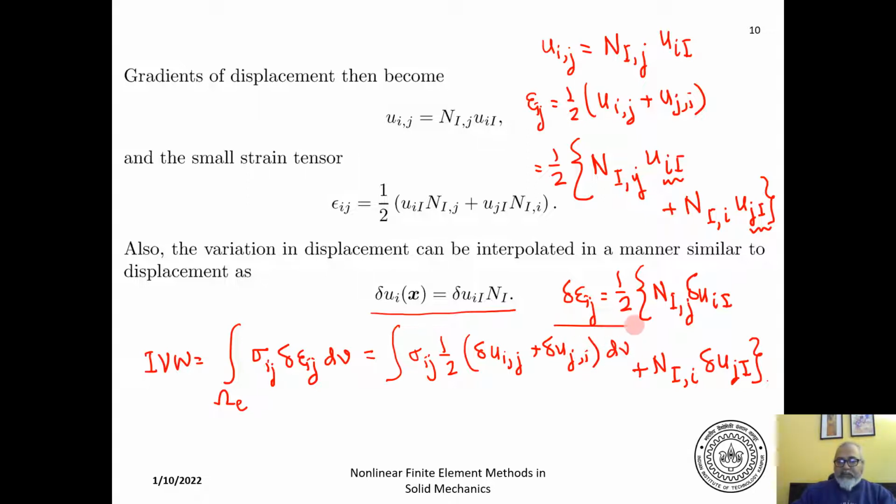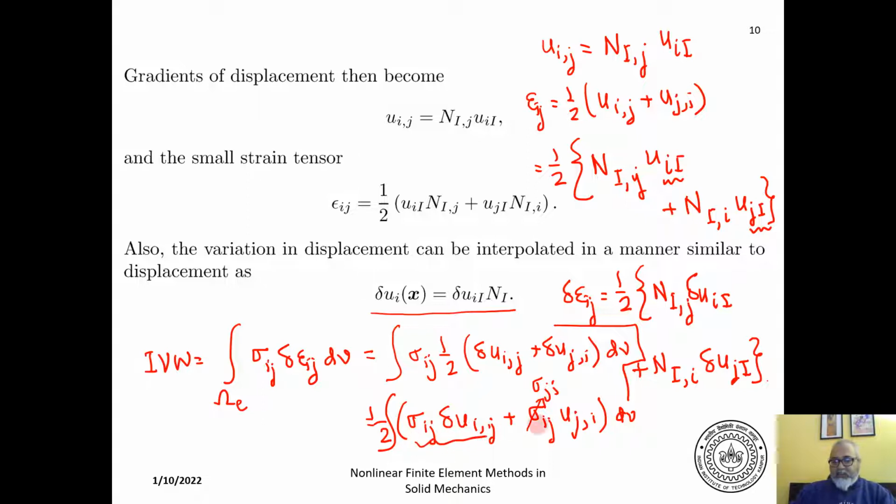Because sigma ij is symmetric, we can see that this can be replaced by sigma ji, in which case j and i both are repeated indices. So this term and this term are the same.